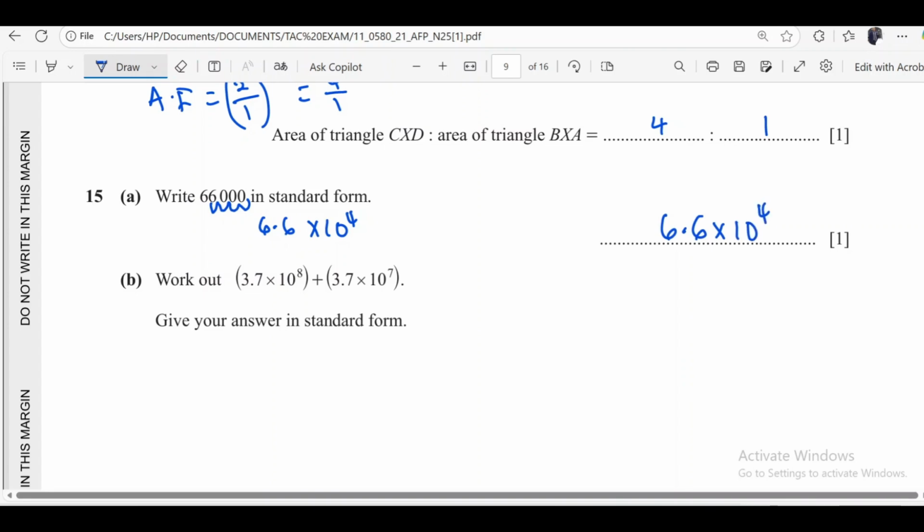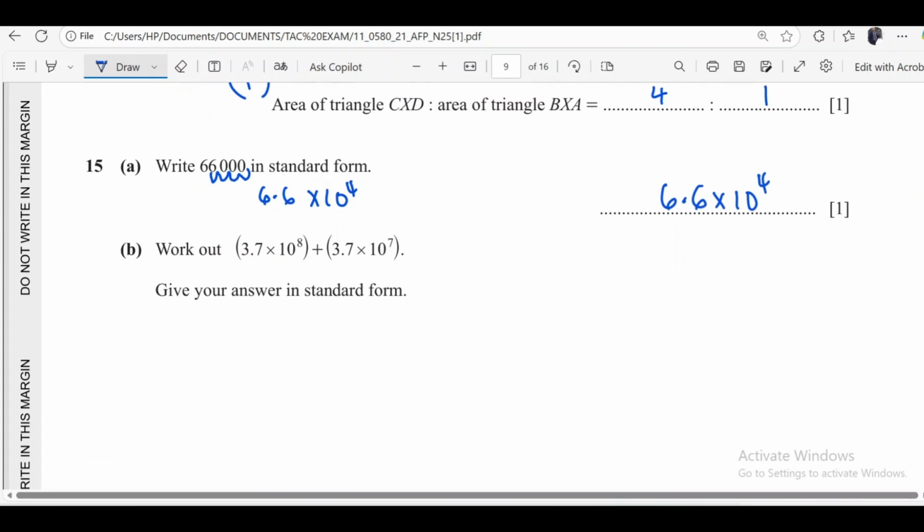Now look at the big question here. We have to work out this. So let's factor out 10 to power 7. This is 3.7 times 10, plus 3.7 here.